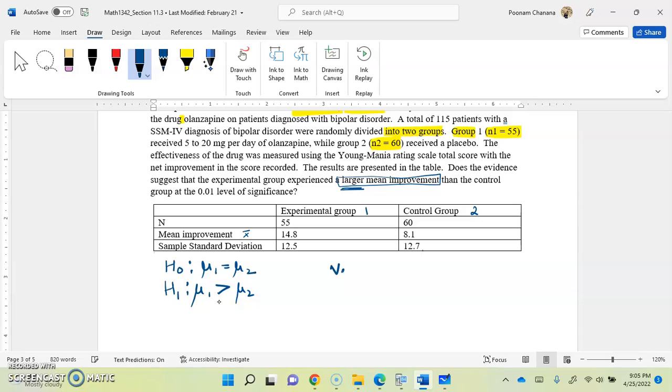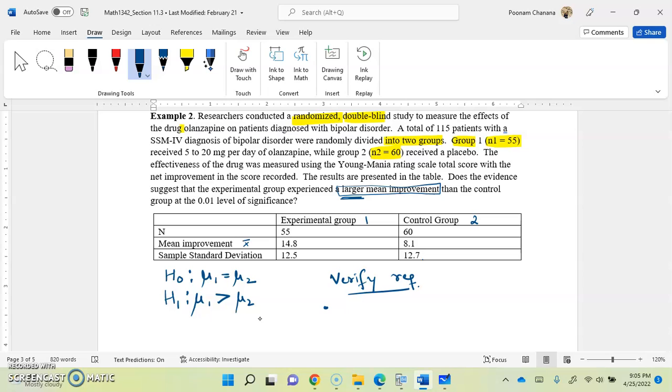We need to first verify the requirements. Okay, let's check the requirements. They said in the question that it's a randomized sample, so random sampling is done, right? The sample size N1 is more than 30 and N2 is also more than 30, so we do not need to check normality.